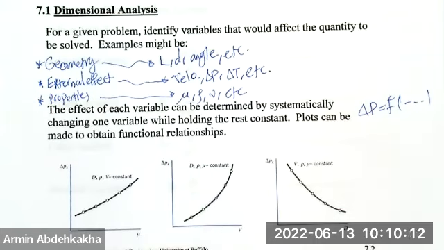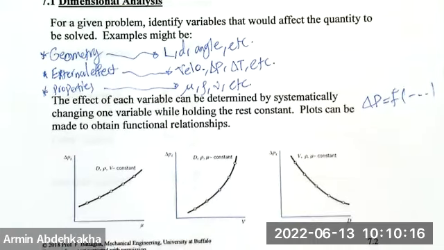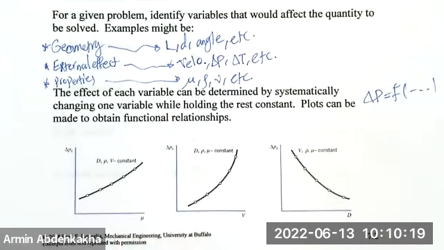So at first, you need experiments. How are you doing the experiments? You keep track of delta P, keep the others constant, like diameter, rho, V, whatever you listed, and then only change one of those.